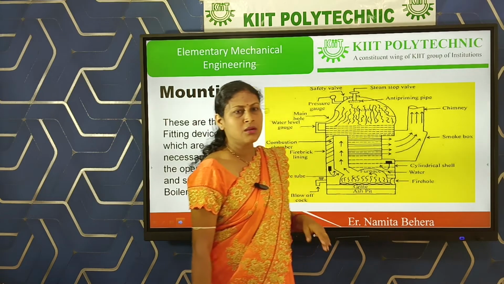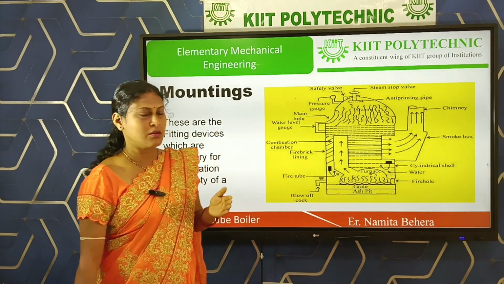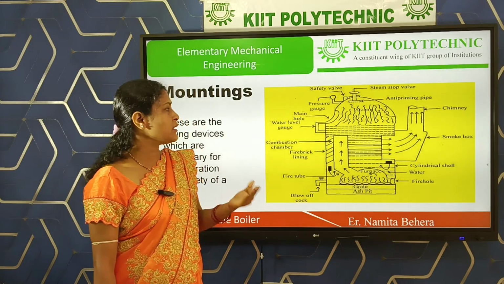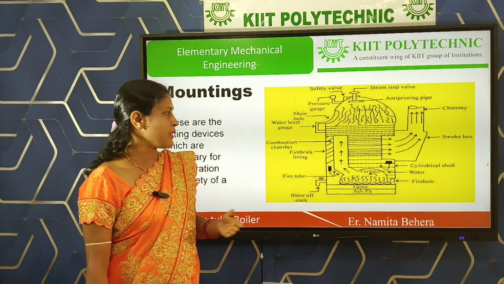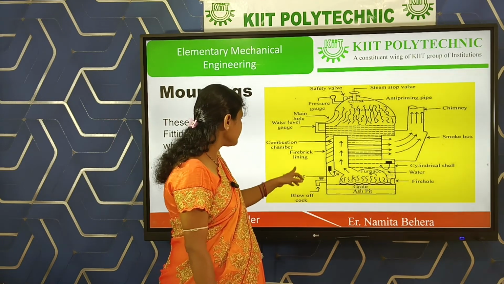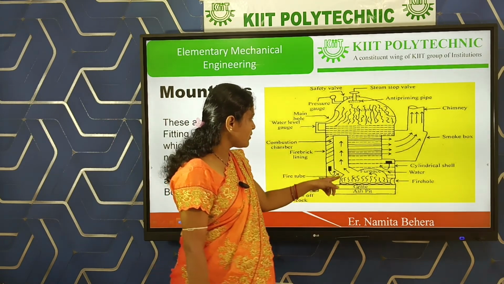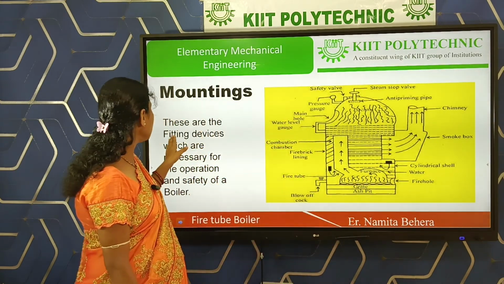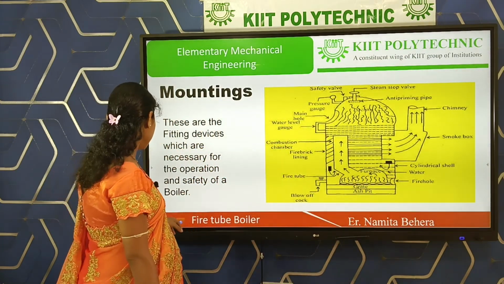Anti-priming pipe means when the steam is formed, it is supplied whenever it is required. These are the major mountings of the boiler.